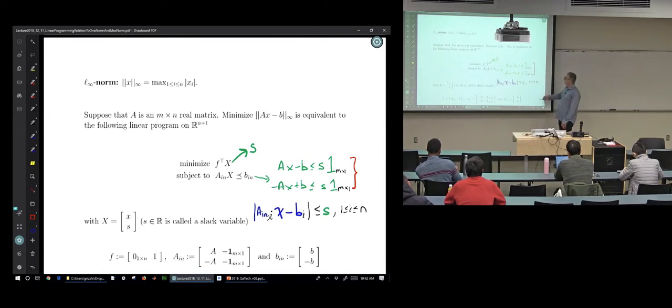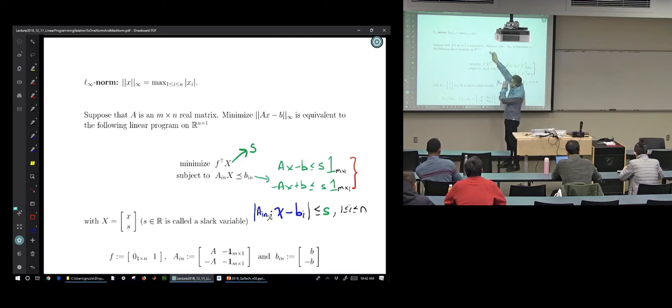Okay, so we're not worried about what's happening. We still have to have, okay, we're still looking at the error in the equation, and we're just looking at the worst case. So because of that, we only need one slack variable here. So that's the difference, because we only care about the worst case.